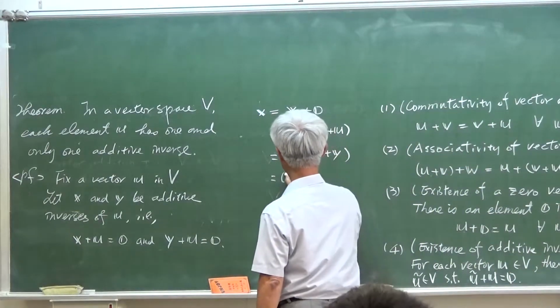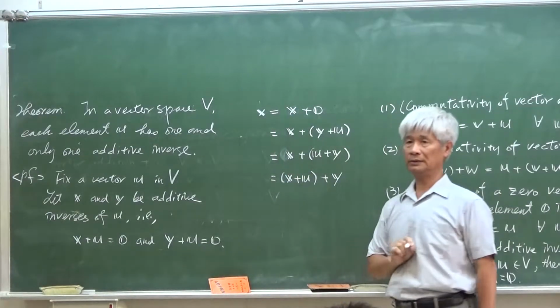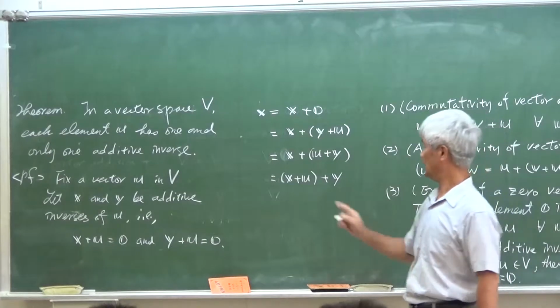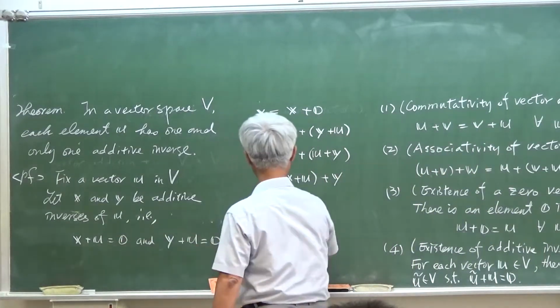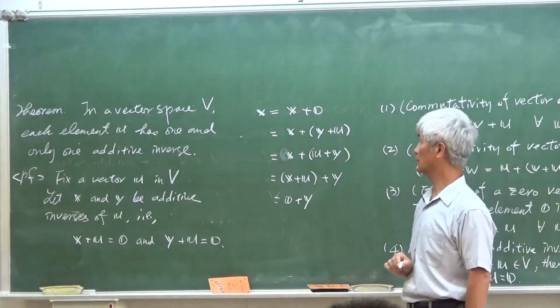And then by associativity, and here x plus u is 0, so I have 0 plus y.